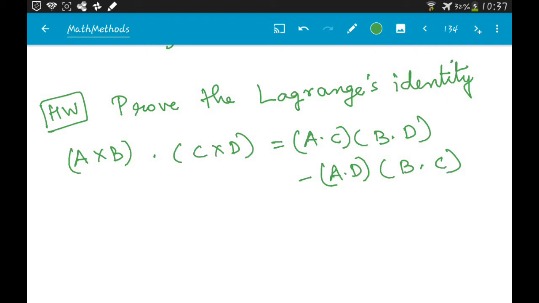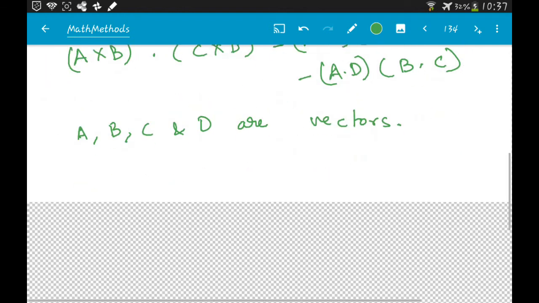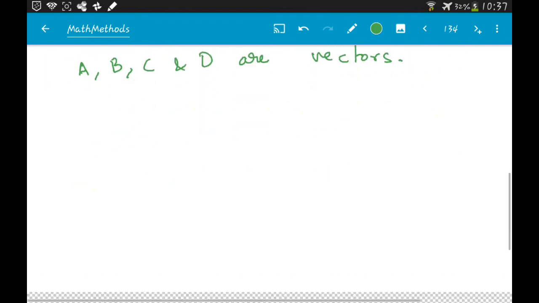Here obviously A, B, C and D are vectors.